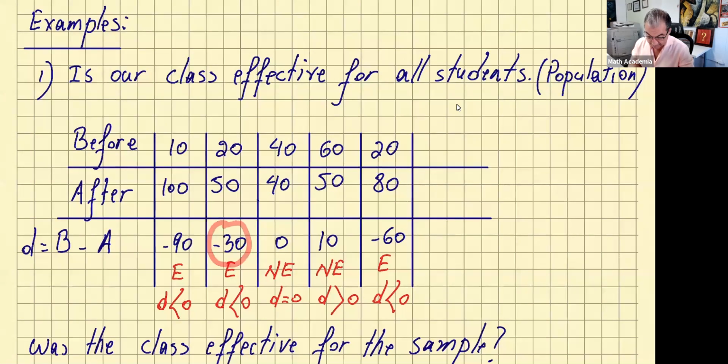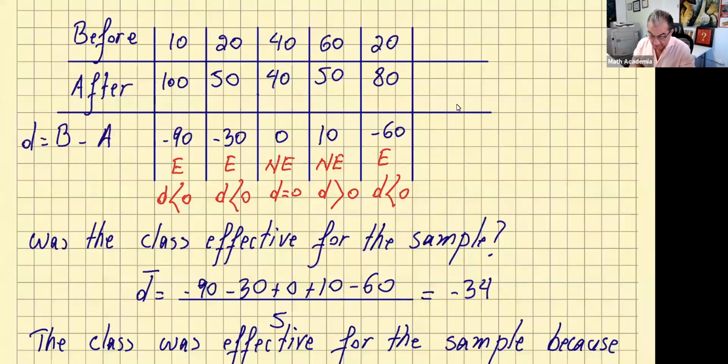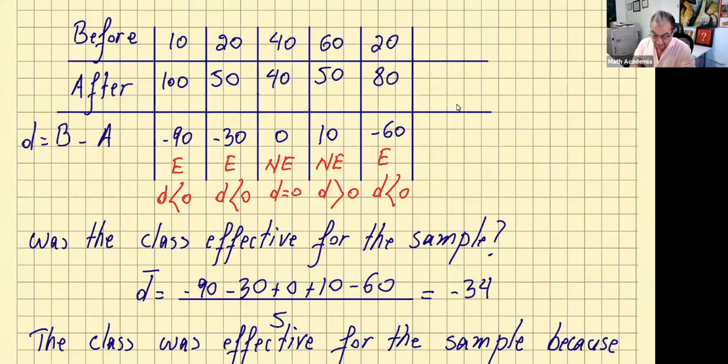It was effective for the second person because the difference is negative 30, and not effective for the third student because it's 0. And here it's not effective whatsoever because the difference is positive. And this one, there is an improvement, so the difference is negative, so it was effective. I wrote that for you: E stands for effective and NE stands for not effective.